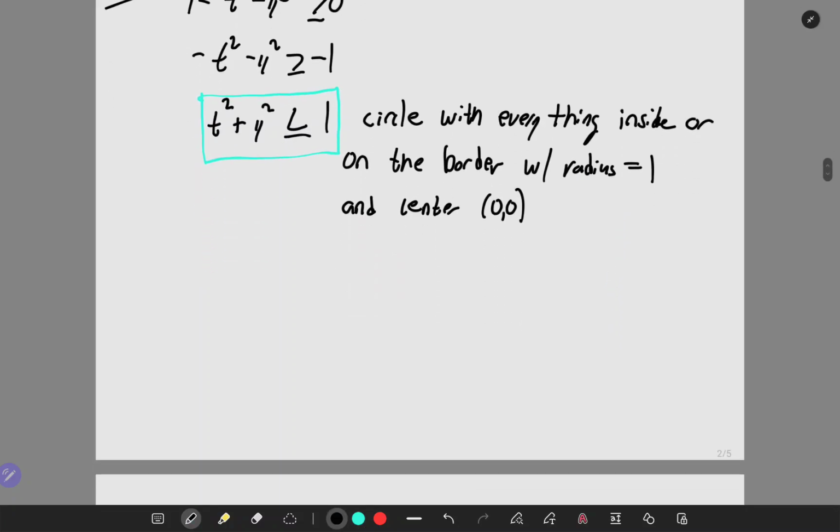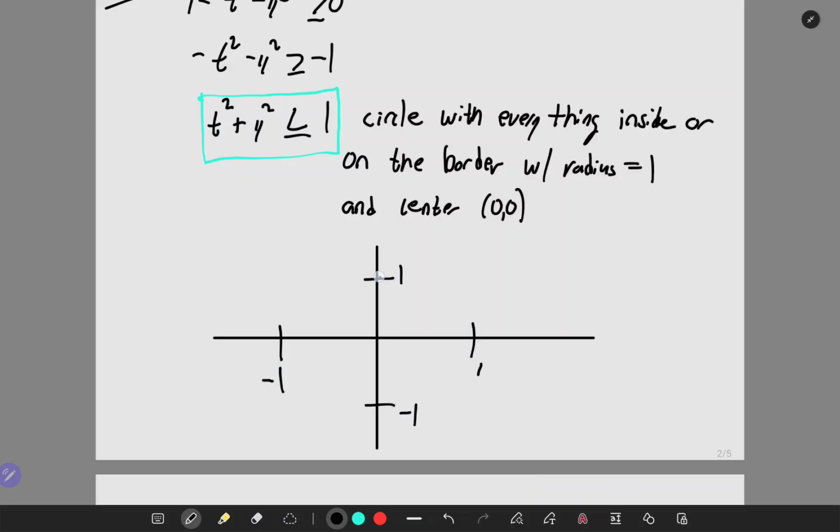So if we draw it out, it'll look something like this. Here's 1, negative 1, 1, and negative 1. Right, we're going to have a circle. Let me see if I can't get this to work. I have a circle.